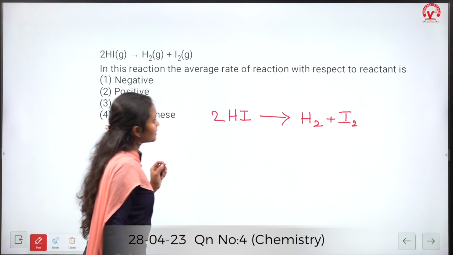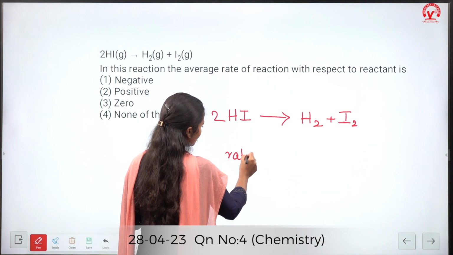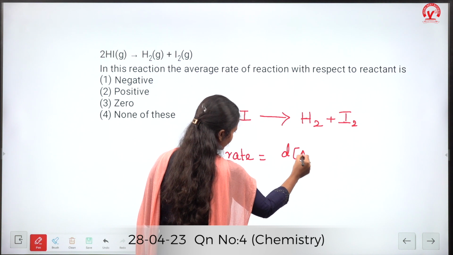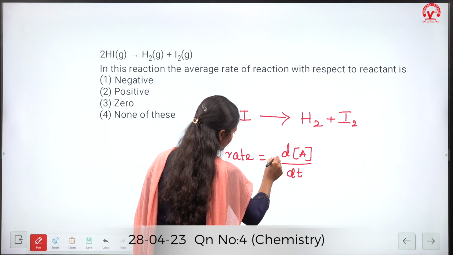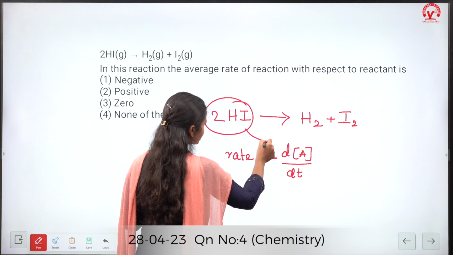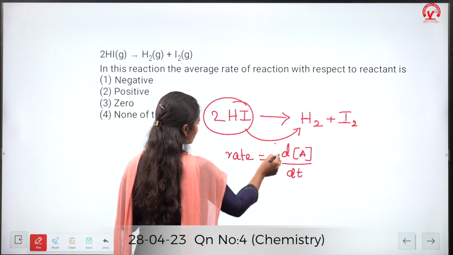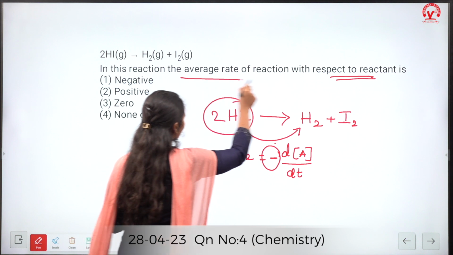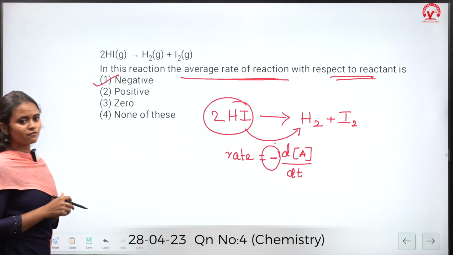In general, the rate of reaction with respect to reactant, the change of reactant with respect to time, is always negative because the concentration of reactant decreases during the reaction. So the average rate with respect to reactant should be negative. So option 1 is correct.